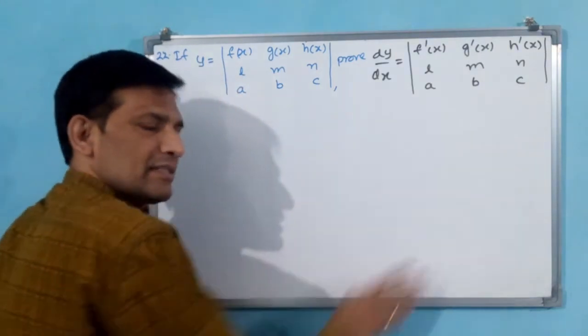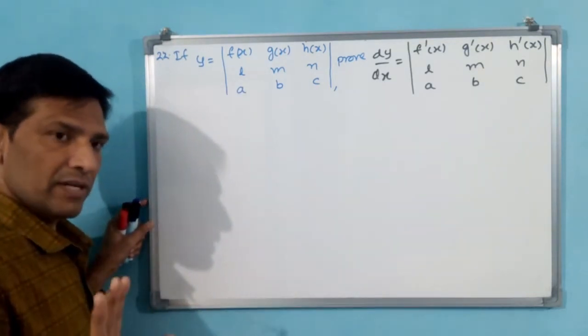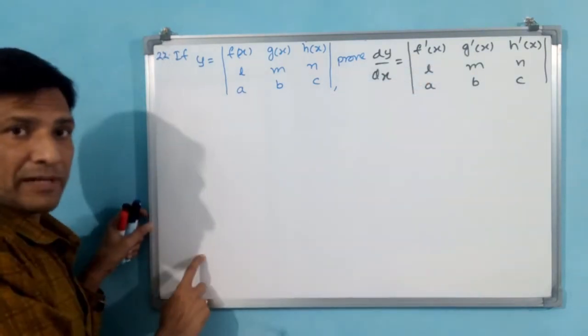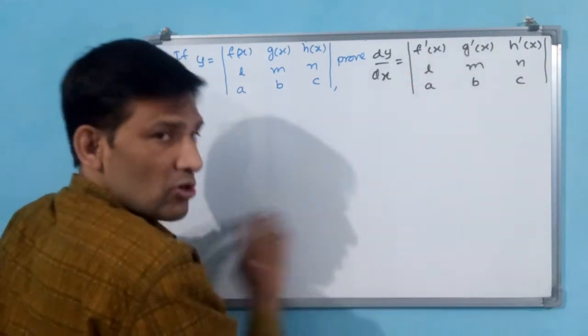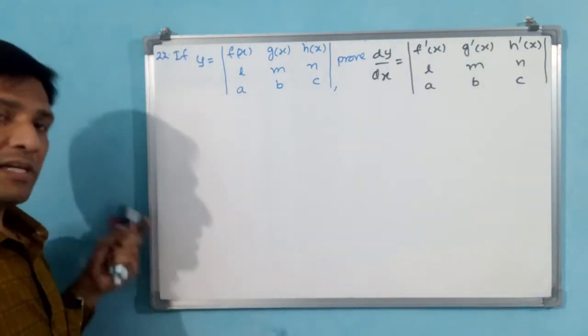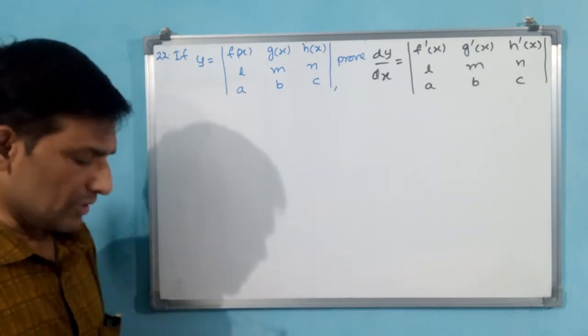We will do expansion, differentiation. That result we will box. Okay. Then we will expand this derivative of this function. If we expand this, automatically one result will come. If both expanded versions are equal, then we can say that we have proved. Okay. Like this we can do.